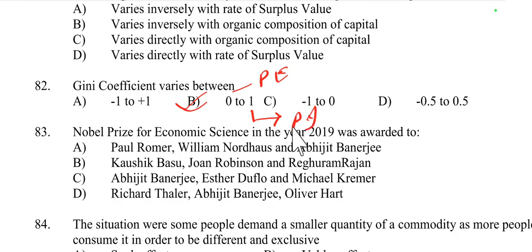If there is more inequality, it moves toward 1, and perfect equality is 0. So it varies from 0 to 1. We measure the Gini coefficient using the Lorenz curve of inequality.